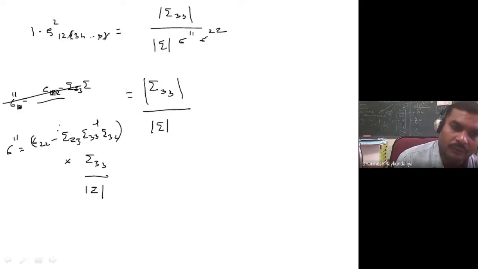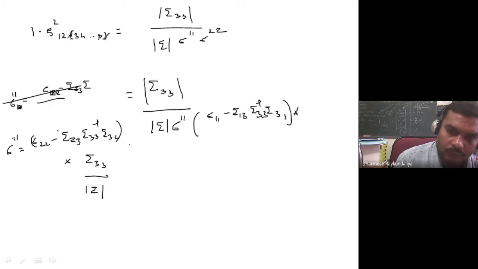इसको हम सिग्मा 1 1 को एज इट इज रखो, हम सिर्फ सिग्मा 2 2 को सब्स्टिट्यूट करते हैं। तो you keep this as it is, sigma 1 1. What is sigma 2 2? Sigma 2 2 is sigma 1 1 minus sigma 1 3 sigma 3 3 inverse sigma 3 1 into sigma 3 3 divided by sigma.